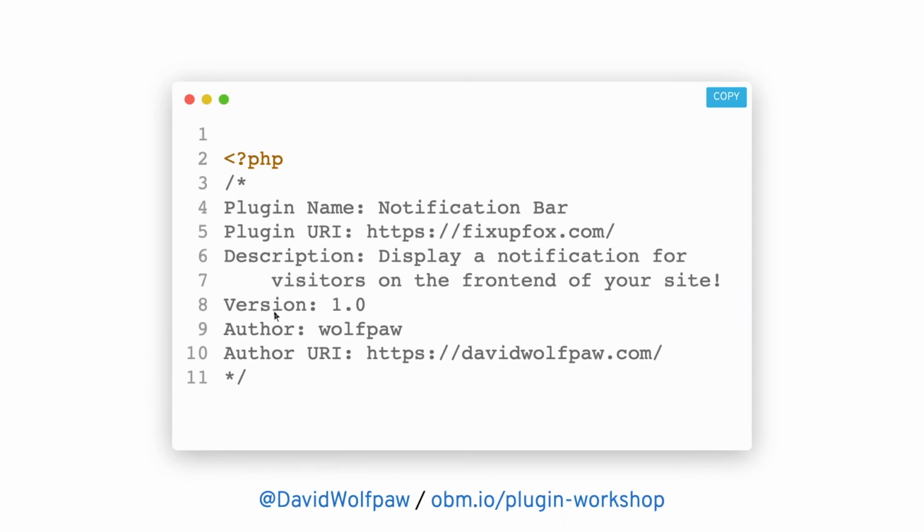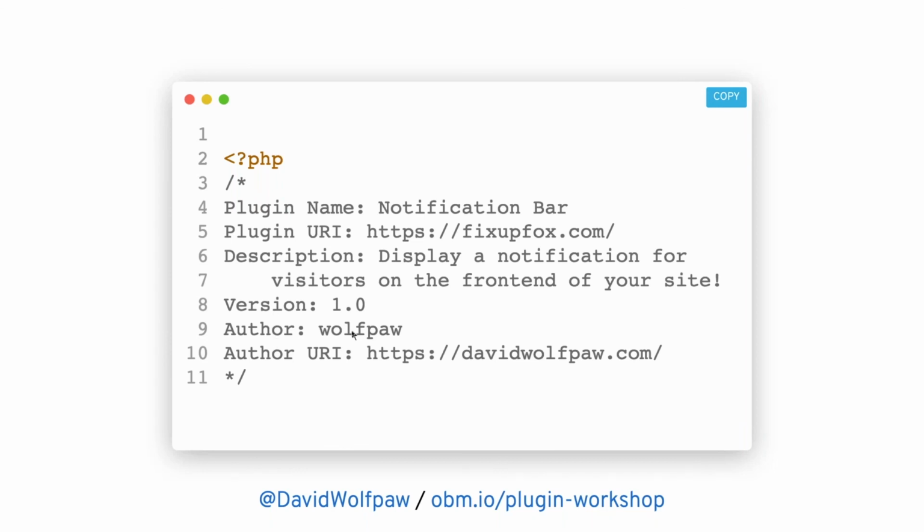The version number is going to be important because this version number is used to determine if there are updates to the plugin. So if I decide to rewrite this plugin later, if I change the version number in this file, assuming that I have it uploaded somewhere that WordPress is going to look for it, it will tell me that there's an update and be able to use the update features.